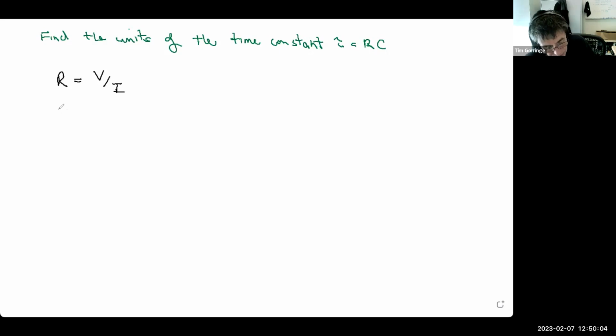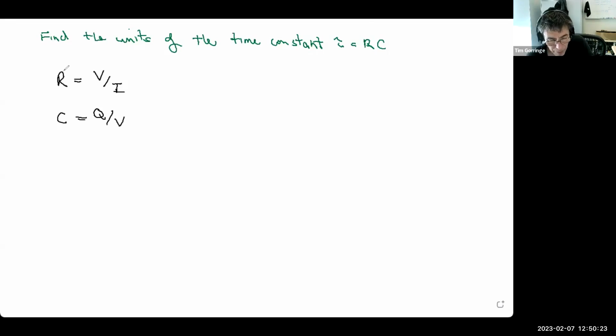The other is for capacitance: the capacitance of a capacitor is the charge stored on the capacitor divided by the voltage applied across the capacitor.